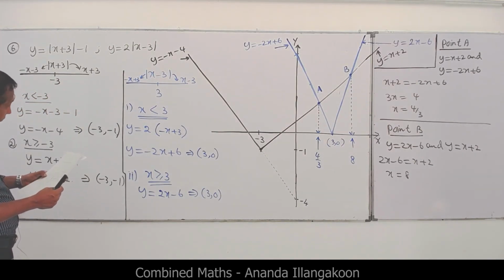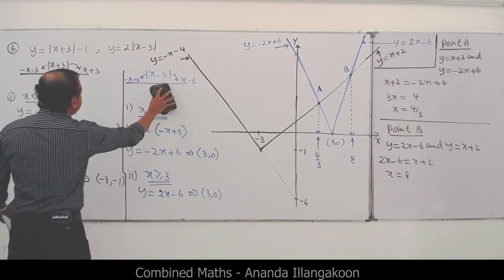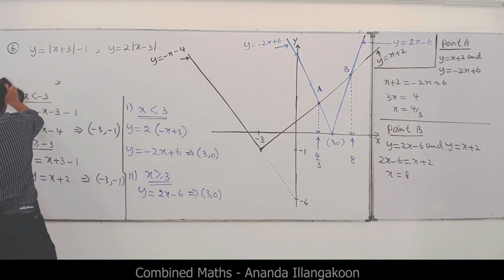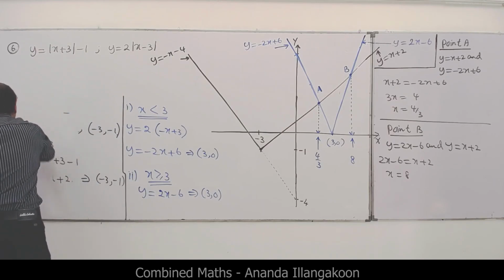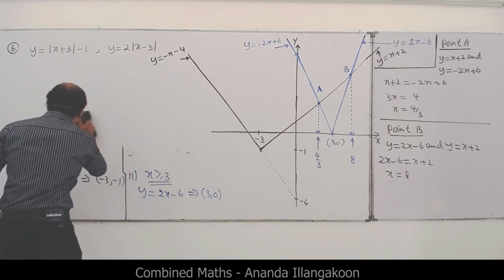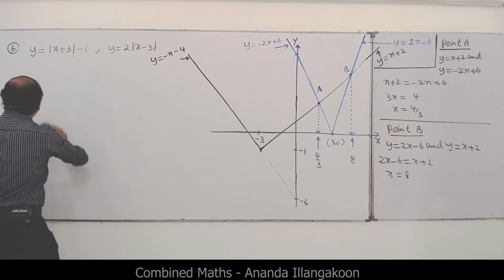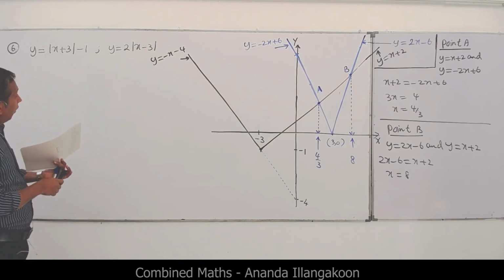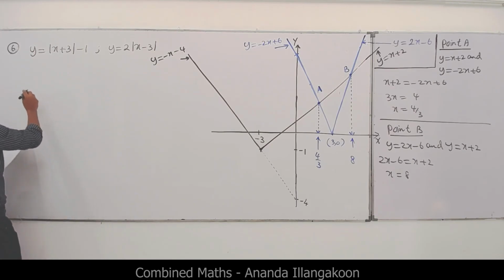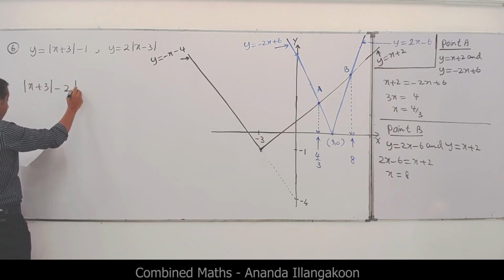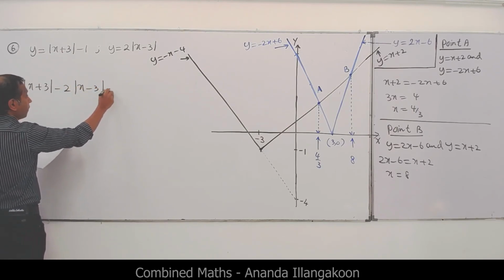Next part. Using the graphs, find the range of x of the inequality. Now the given inequality is mod x plus 3 minus 2 times mod x minus 3 minus 1 greater than 0.